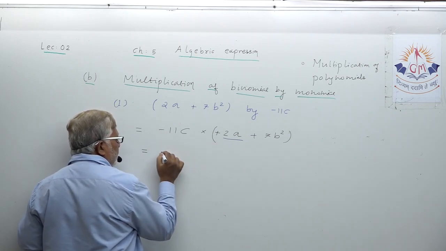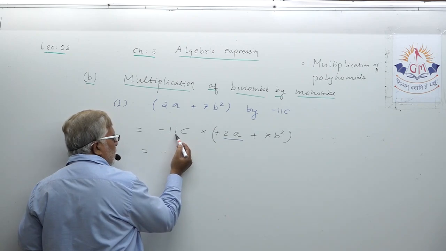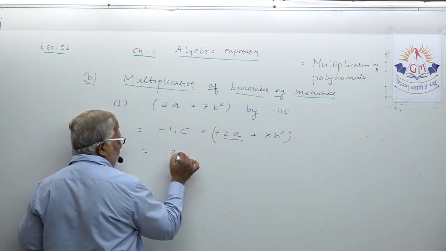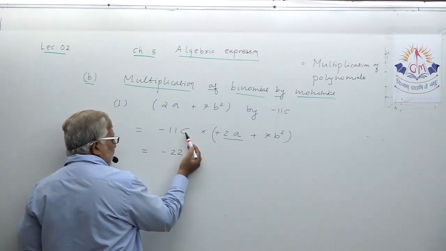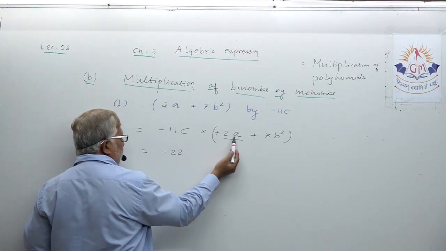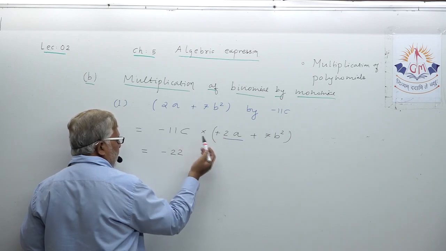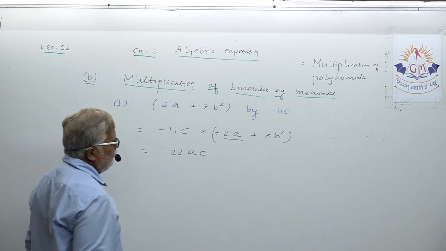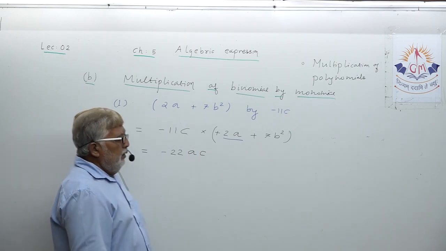Minus times plus is minus. Number multiplication: 11 times 2 is 22. Variable here c, here a. No law can be applied, so you can directly write as ac. Okay.